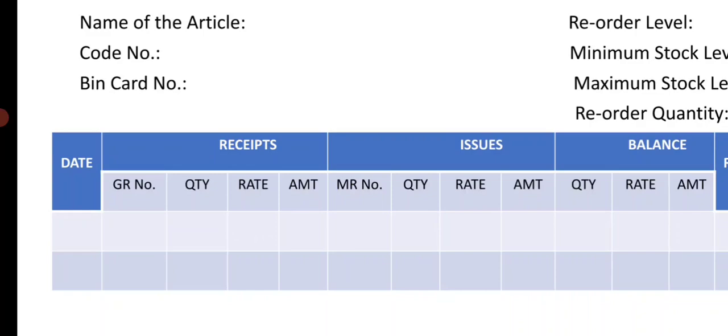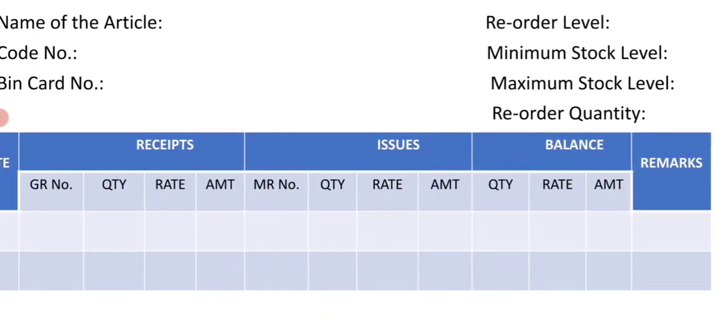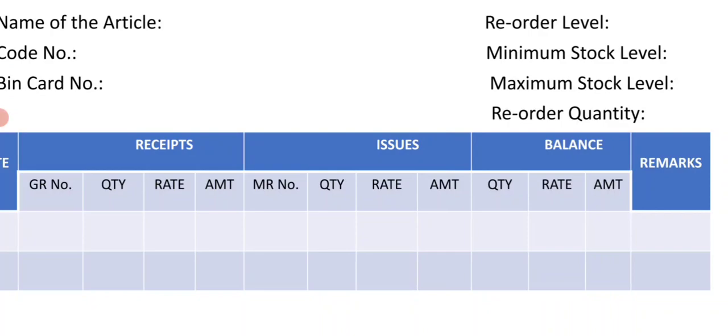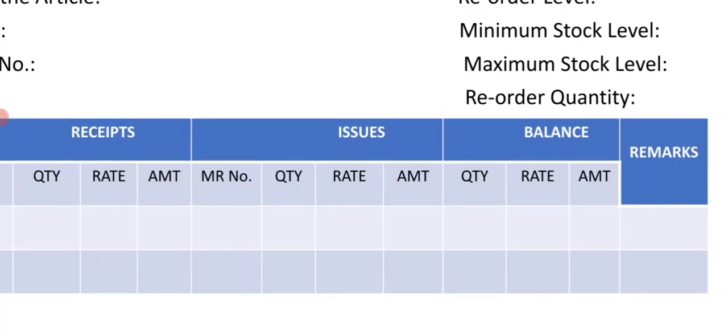If we multiply the quantity with the rate, we will get the amount. In the issue column we have MR number, that is material requisition number, quantity column, rate column, and amount column. If you multiply the quantity with the rate, we will get the amount. In the balance column we have only quantity, rate, and amount. So quantity into rate is equal to amount.